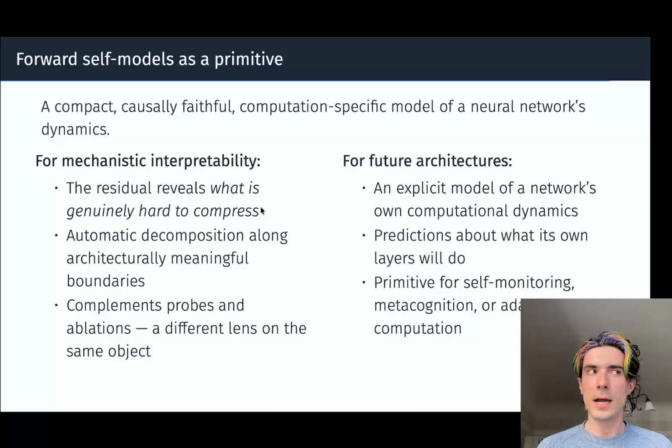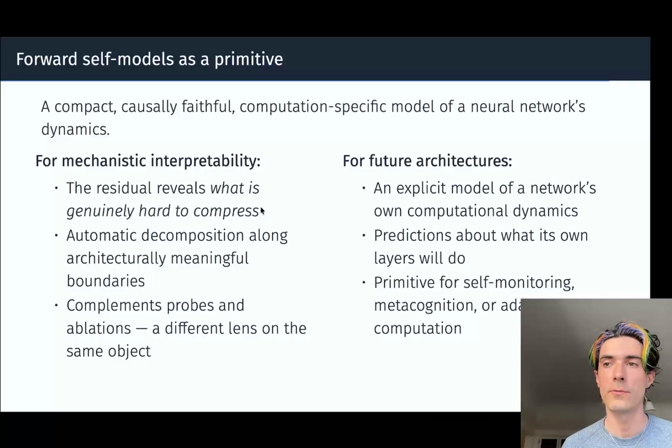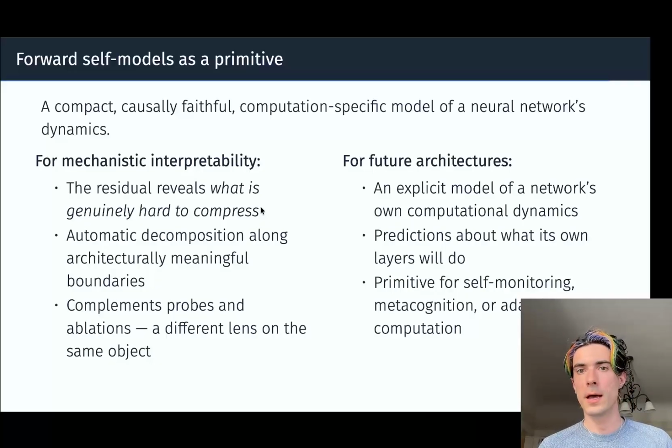And that is kind of what the forward self models are, right? It's a model that meta-models the first model. And if you give the outputs of the meta model to the model itself, that's a form of metacognition almost by definition. It learns what the main model is doing.